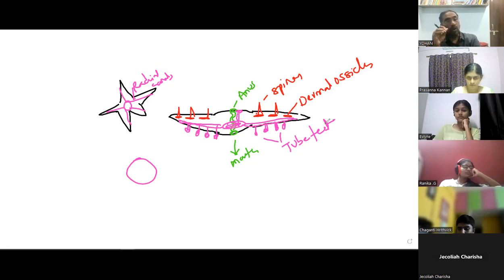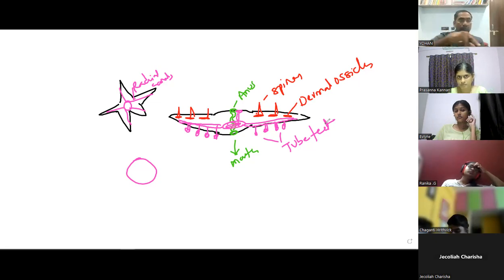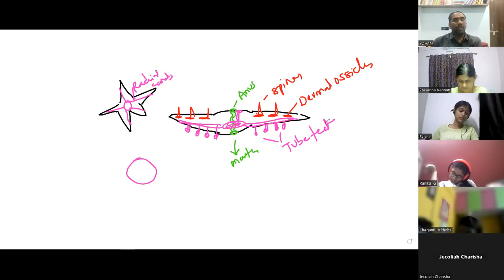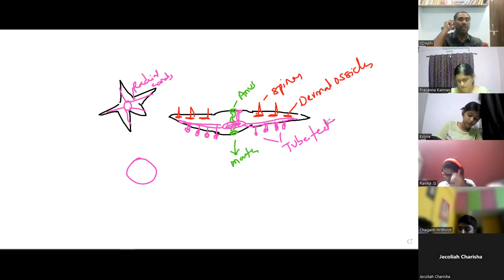Mouth on lower or ventral surface, anus on dorsal or upper surface. There is a unique or peculiar system called water vascular, their water transport. What is vascular? It helps like a circulatory system. And this part is provided with tube feet, helping in locomotion, food collection, respiration, excretion.